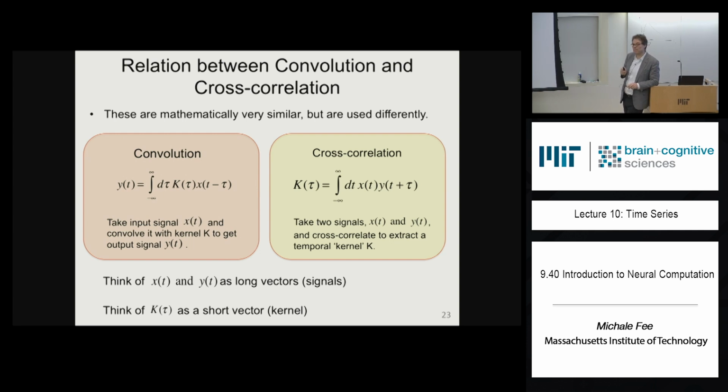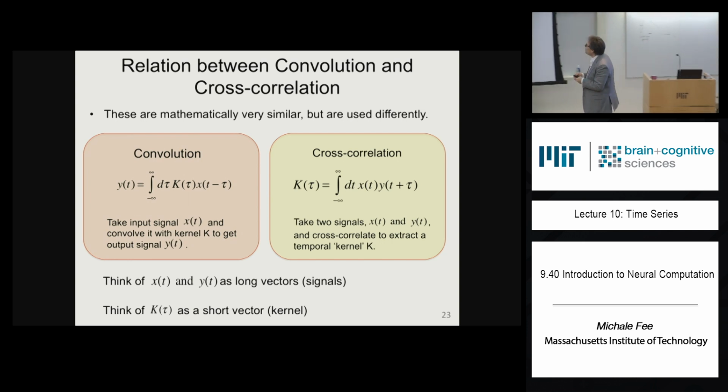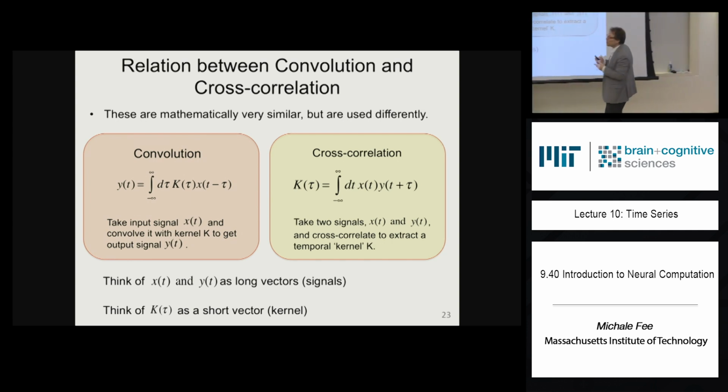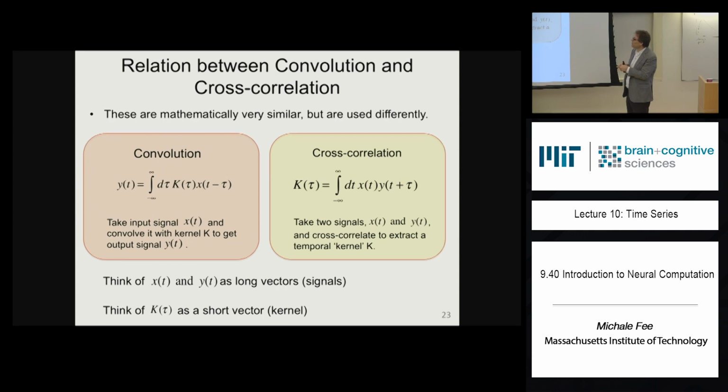Yes, Habiba. So how does the cross correlation, like mathematically, how does it give a short vector? You just do this for a small number of taus. Okay? Because usually signals that have some relation between them, that relation has a short time extent, right? This signal here in a real physical system doesn't depend on what x was doing a month ago, right?